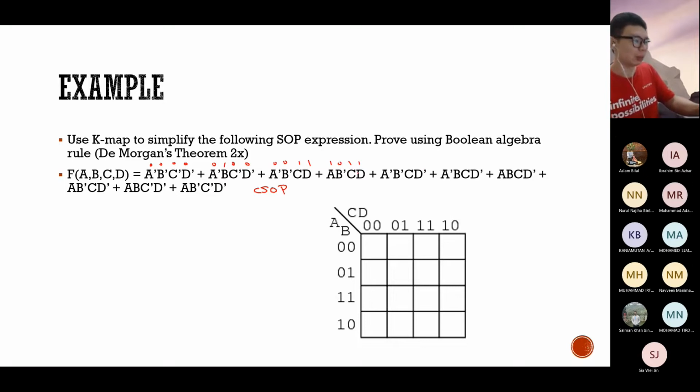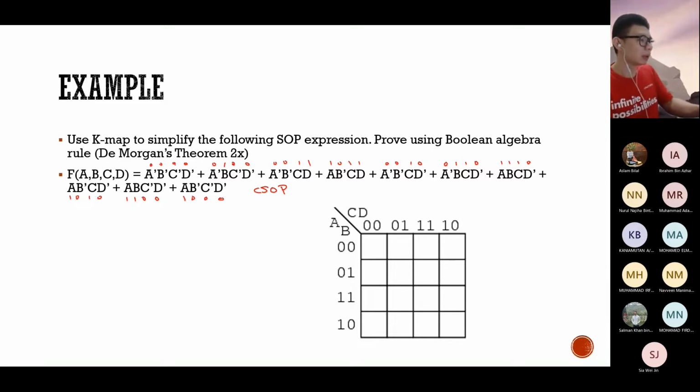This is how you can get the most from this example. Then 0, 1, 1, 0. 1, 1, 1, 0. Over here we have 1, 0, 1, 0. We have 1, 1, 0, 0. And here 1, 0, 0, 0.